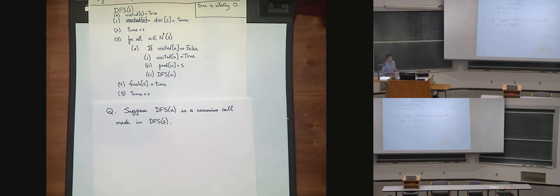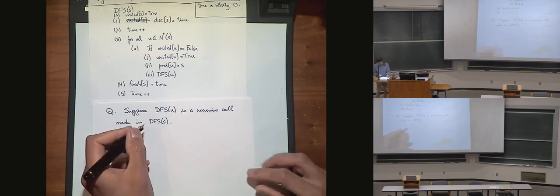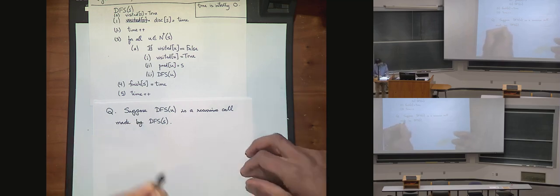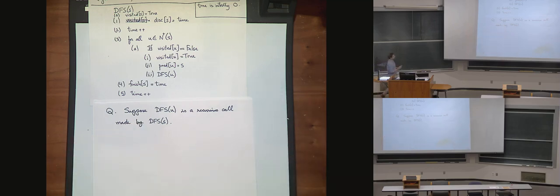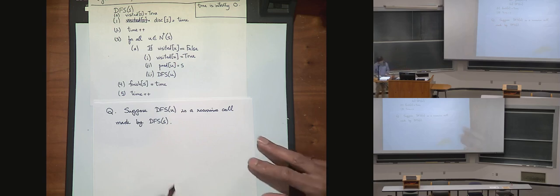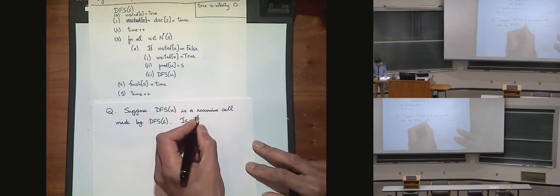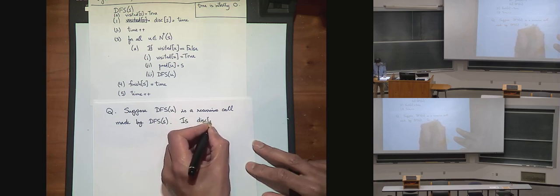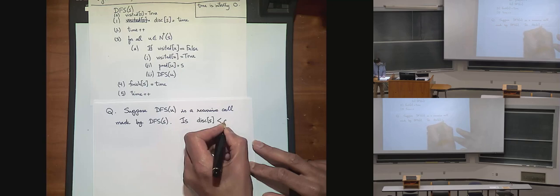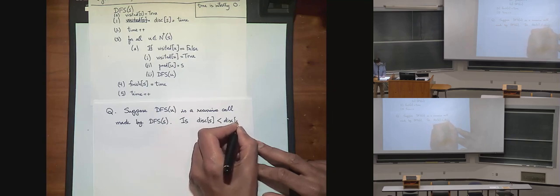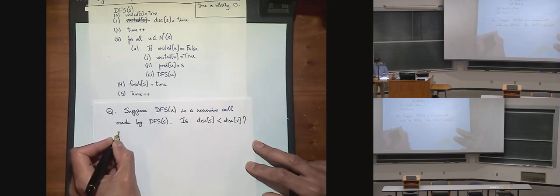Suppose DFS-U is a recursive call made by DFS-S. We can also think of it as made by a recursive call of S, but it doesn't matter which one, pick any one of them that makes sense. Is the discovery time of S less than the discovery time of V?